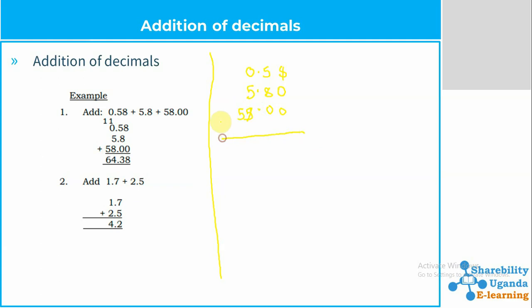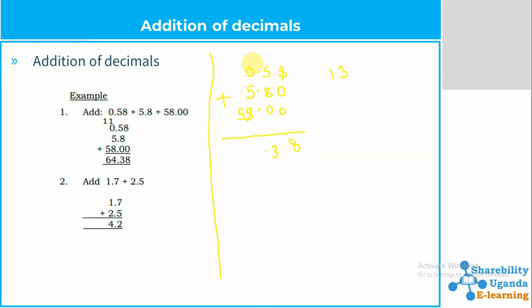After you have arranged them that way, then you can make your operation. Now we come here and start adding. We have our 8 and 00. We are adding, so automatically it is our 8. Then 5 plus 8 is 13, so we write our 3 here.